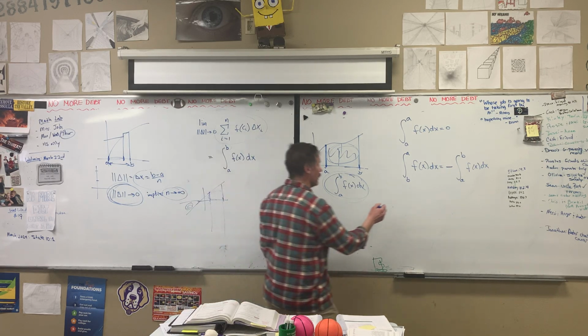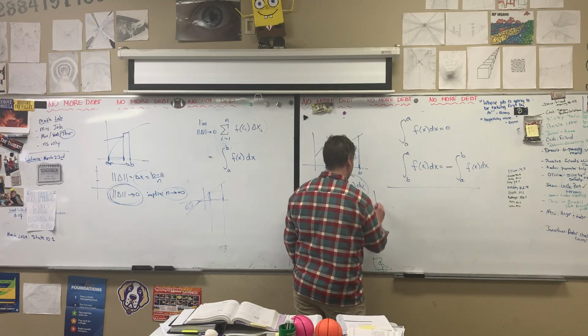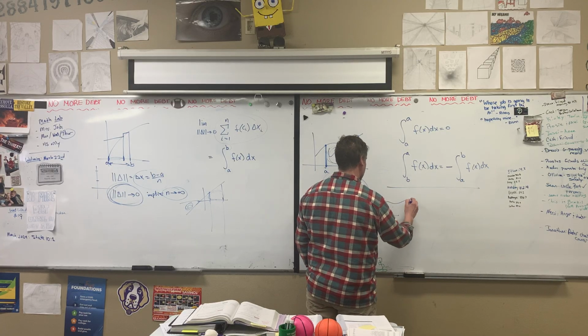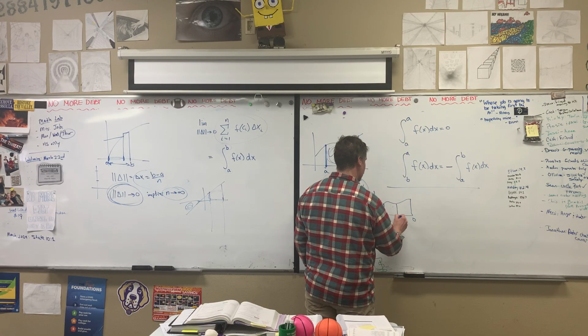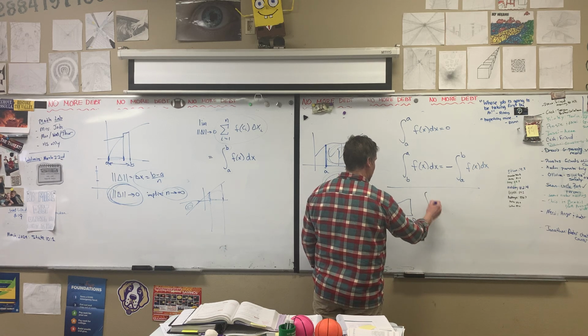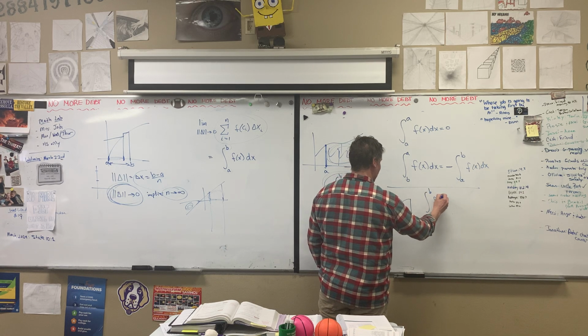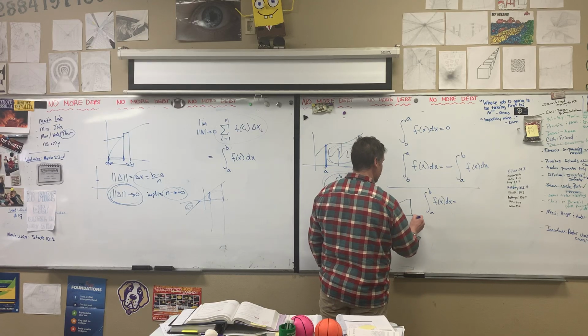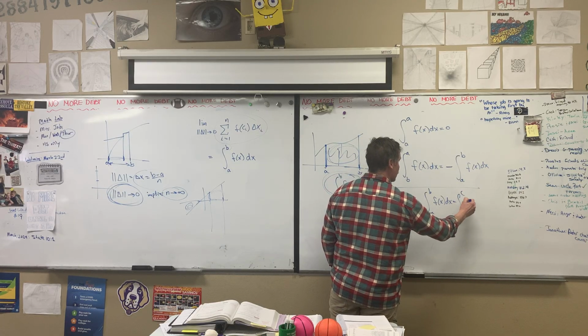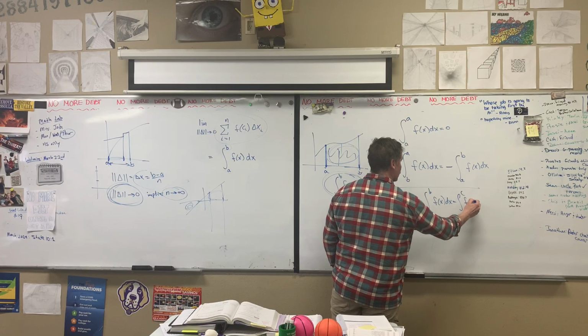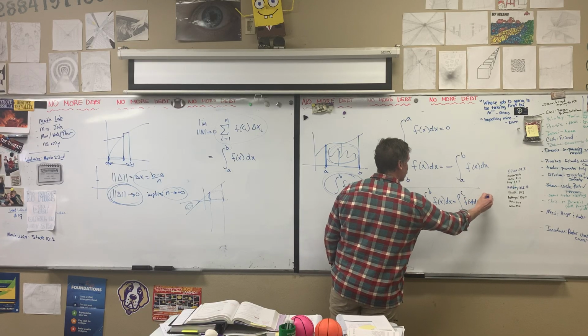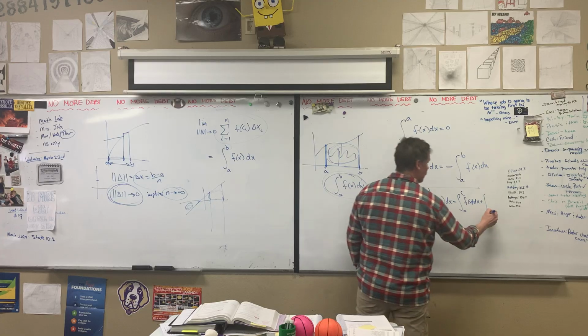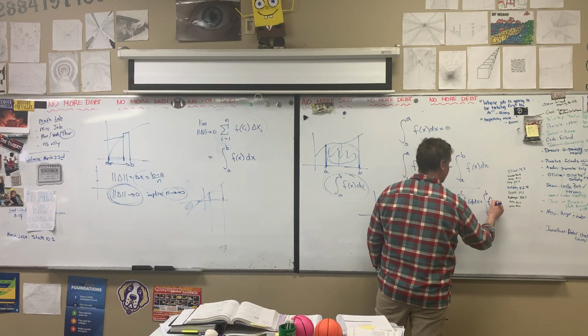Another property: if you have a function from A to B, and then you tack on a C in there, the integration of A to B of f of x dx can be split up into A to C of f of x dx plus C to B of f of x dx.